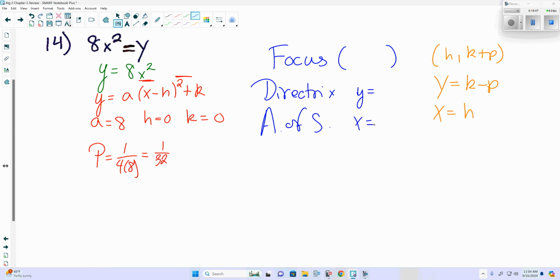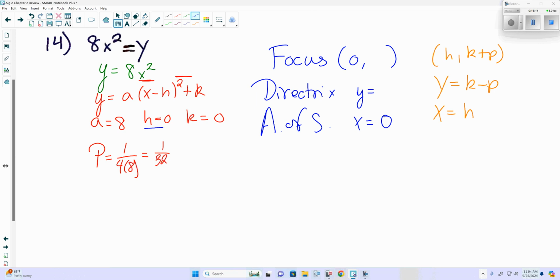Well, our h value is 0. So h comma k plus p would be 0 comma whatever k plus p is. We'll do that calculation here in a second. Then we also need to find k minus p. And our h value is 0, so our axis of symmetry would be x equals 0.